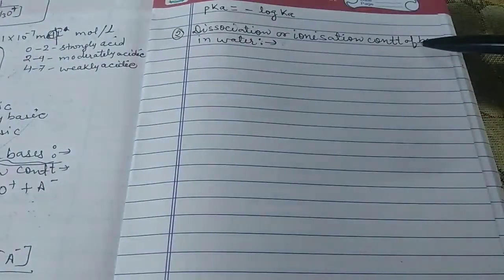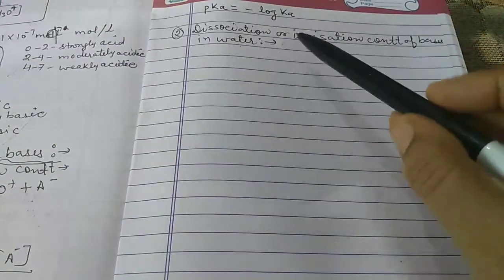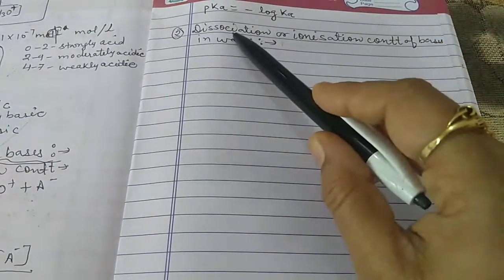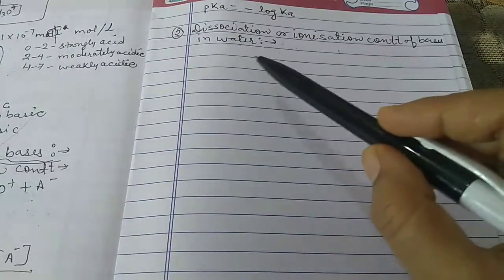Earlier we discussed the dissociation or ionization constant of acids in water, whereas now we are going to elaborate on the topic of dissociation or ionization constant of bases in water.